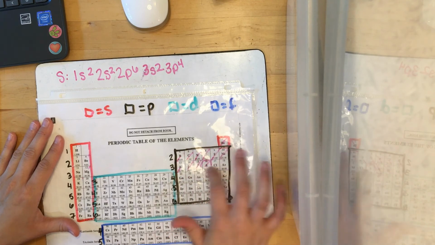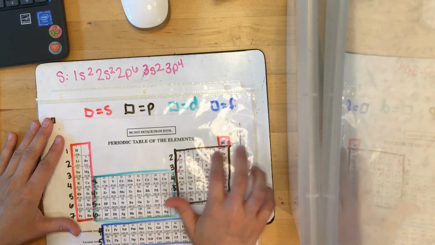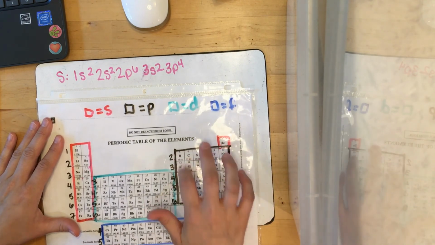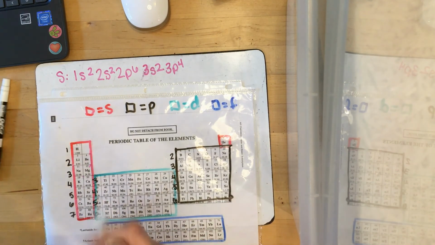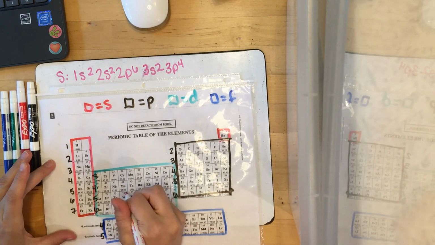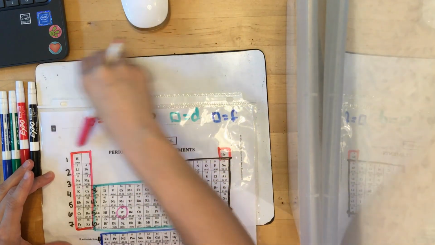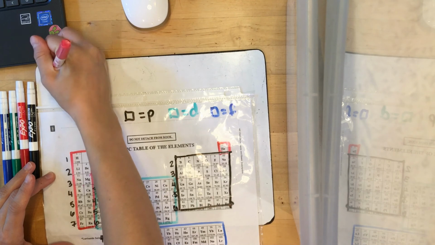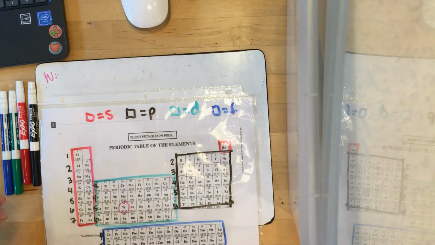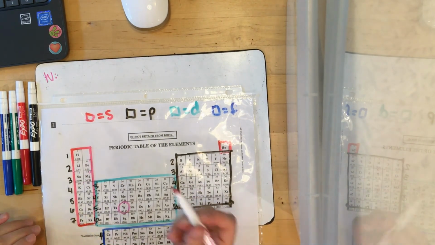So suppose we had one that was further down. Let's say we're looking for tungsten instead. We would start in the same location.